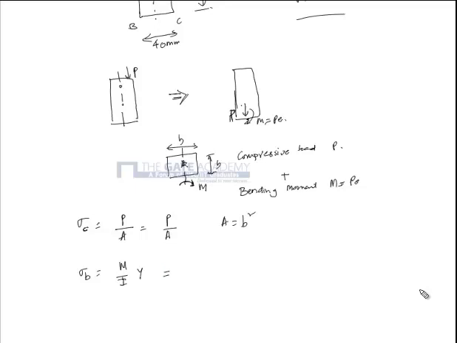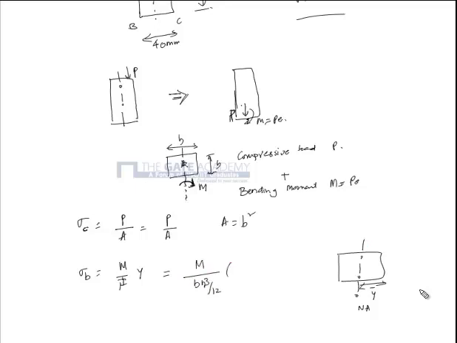Because it is bending like this, this is my neutral axis. Let me just draw it here. This is my neutral axis and this is my Y, and I is the moment of inertia about this neutral axis, which is BH cube by 12.